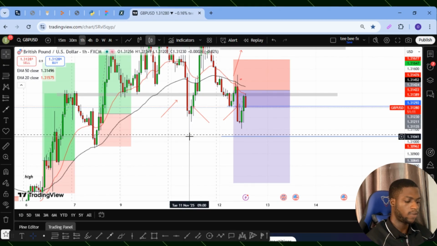You can see I've already added one more position to my trade, so now I'm having 1, 2, 3, 4, 5, 6, 7, 8, 9, so I'm having 0.09 lot. Let's see how this thing is going to play out.